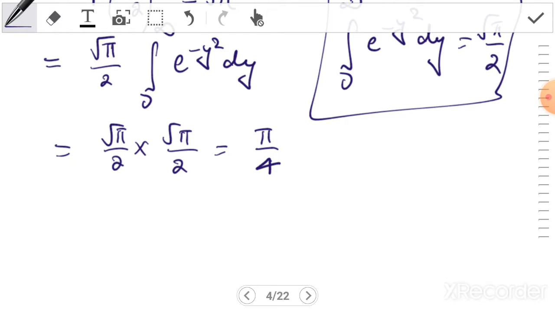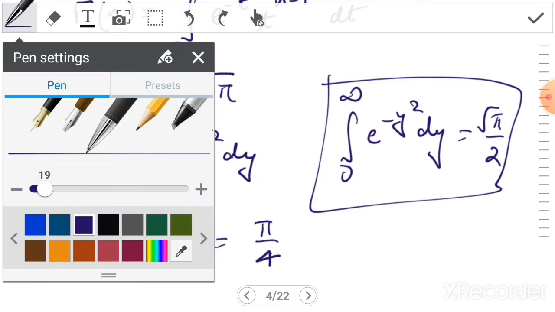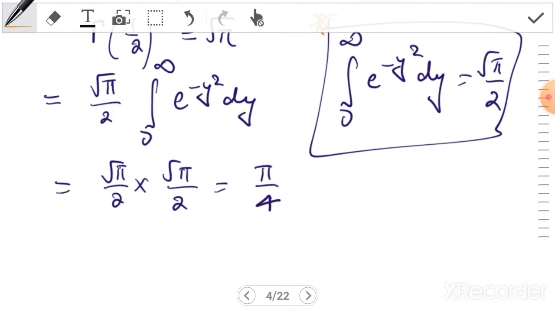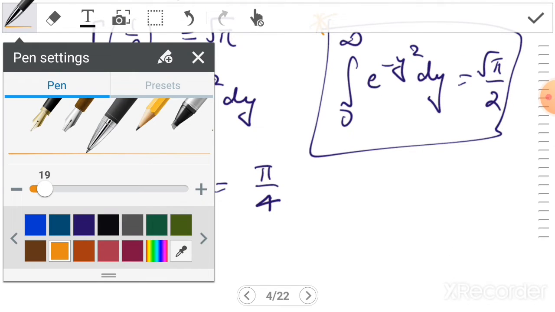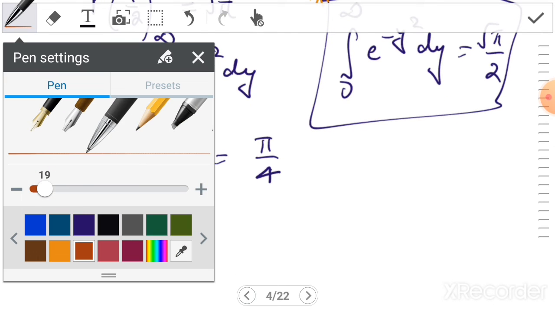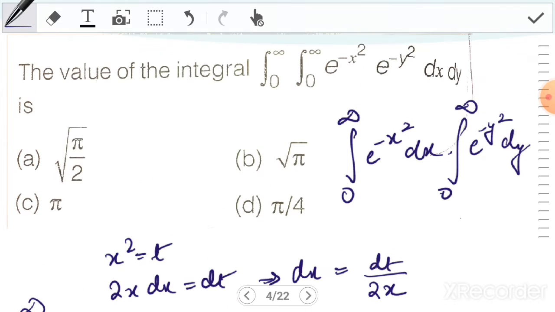Okay, so remember this. Now the answer is pi by 4.